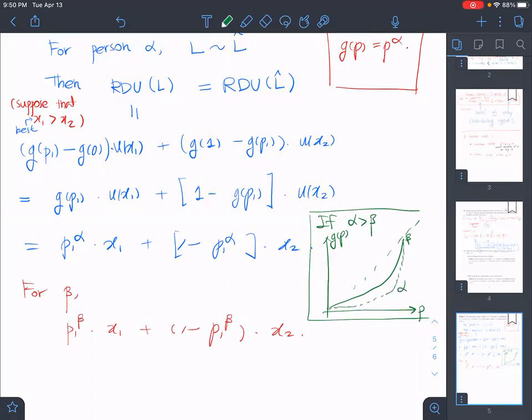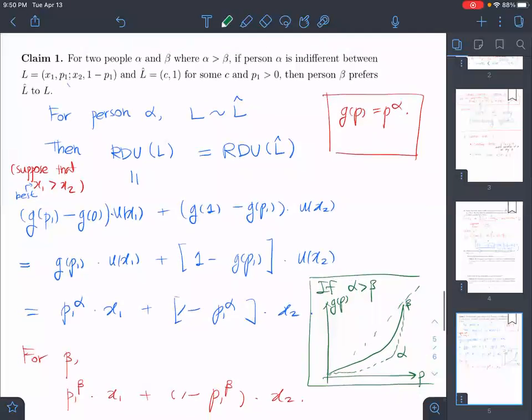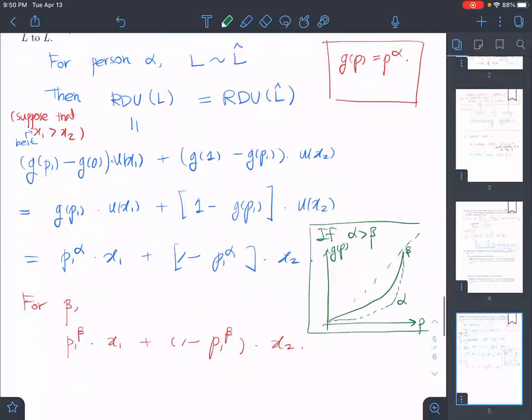So if alpha is greater than beta, the function becomes more convex under the probability weighting function of the guy alpha.